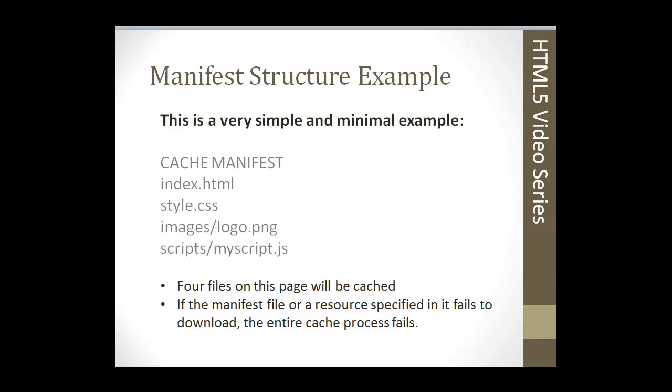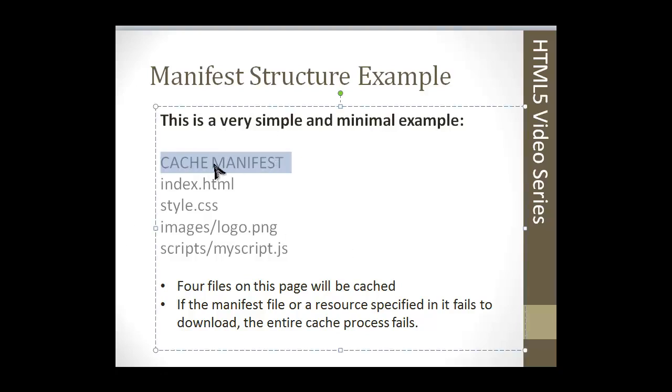The manifest structure can be very, very simple like this, or it can be very complicated with multiple parts to it. But this is the minimum of what you would need. This right here, this cache manifest, is required.